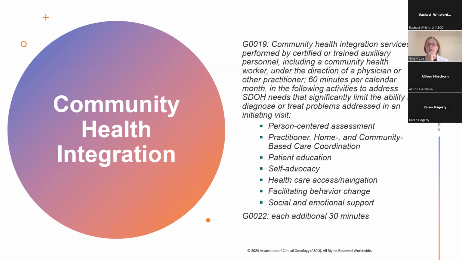The focus of these is addressing those social determinants of health needs that interfere with or present a barrier to diagnosis or treatment of the patient's problems. An initiating visit has to happen first, and then you could bill those codes to set them up with a community-based resource. So there's several things that are included in this code, things that the community health worker can perform.